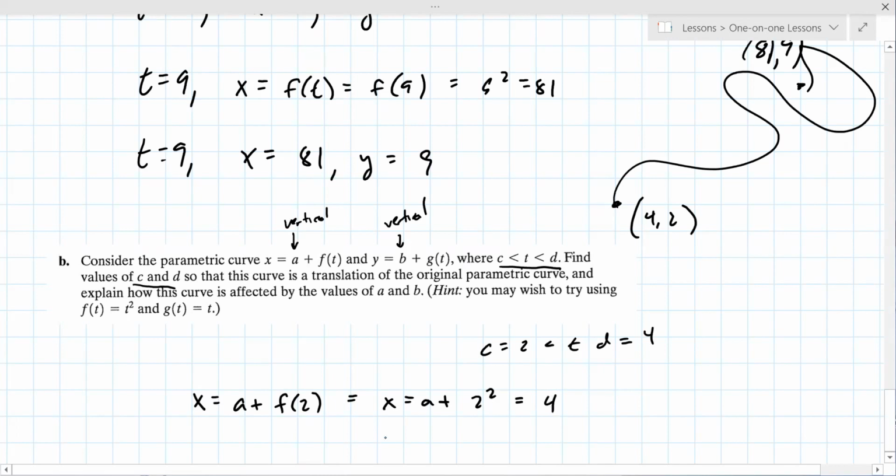So x equals a plus 4. Is that okay for that? Yeah, and you just use the points that we found from A. That's what we're doing, so we're going to use that.